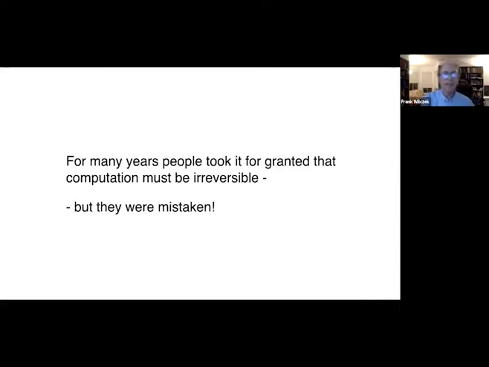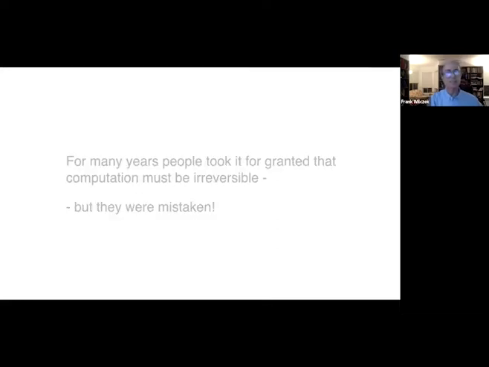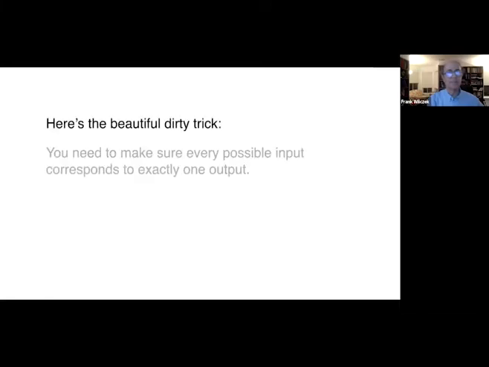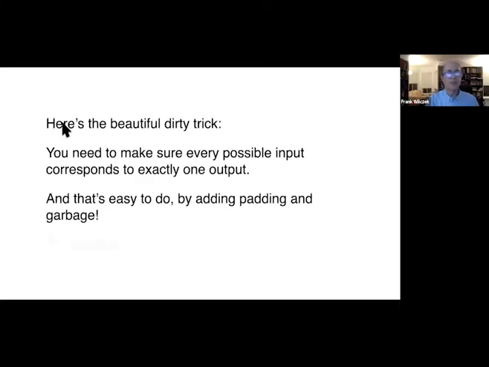For many years, people took it for granted that computation must be irreversible, but they were wrong. This was discovered in the 1980s, primarily by a man named Charles Bennett at IBM. Here's the beautiful dirty trick that allows you to do reversible computation.